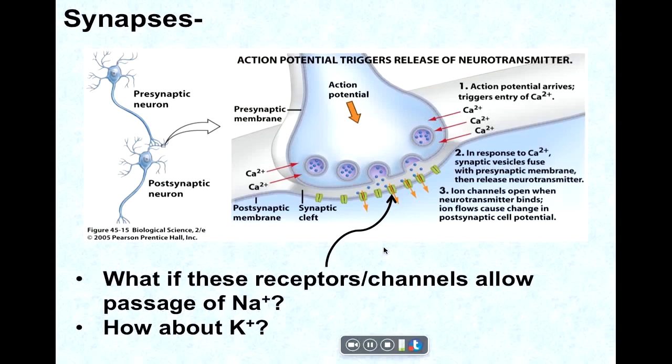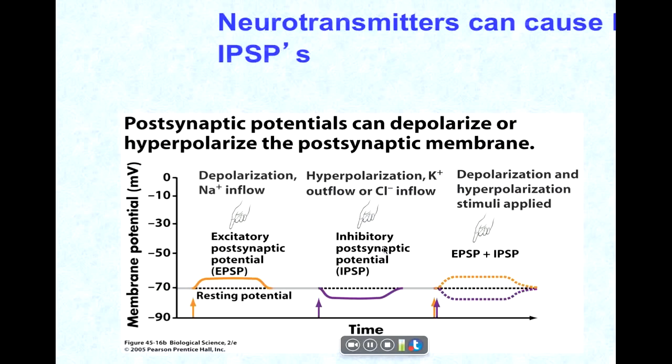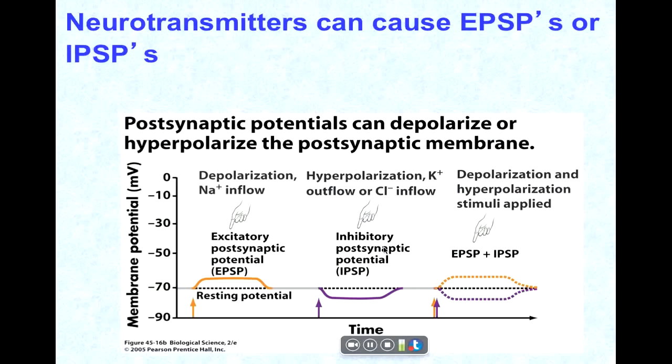So we can talk about these in terms of excitatory responses or inhibitory responses. Neurotransmitters can cause excitatory postsynaptic potentials, or EPSPs. This is the case when a neurotransmitter tends to depolarize a postsynaptic cell, as we see toward the left.